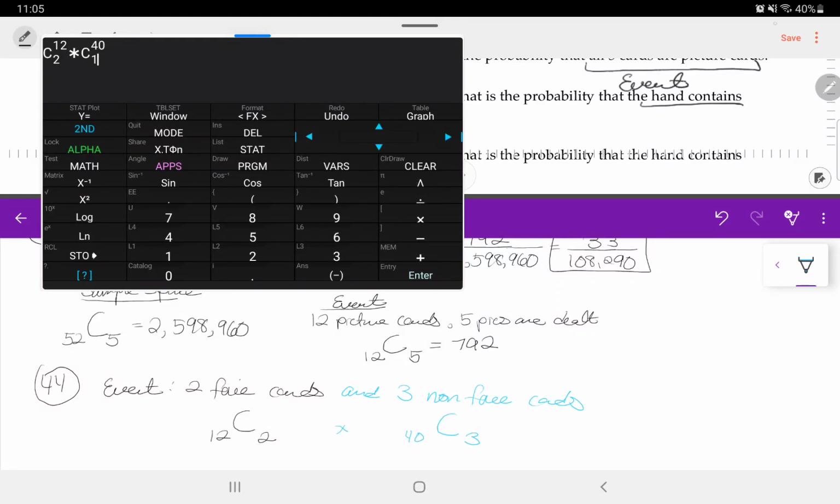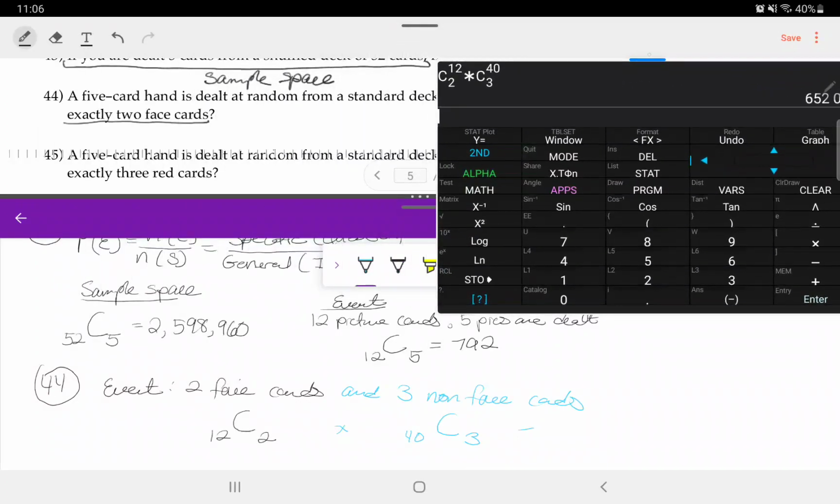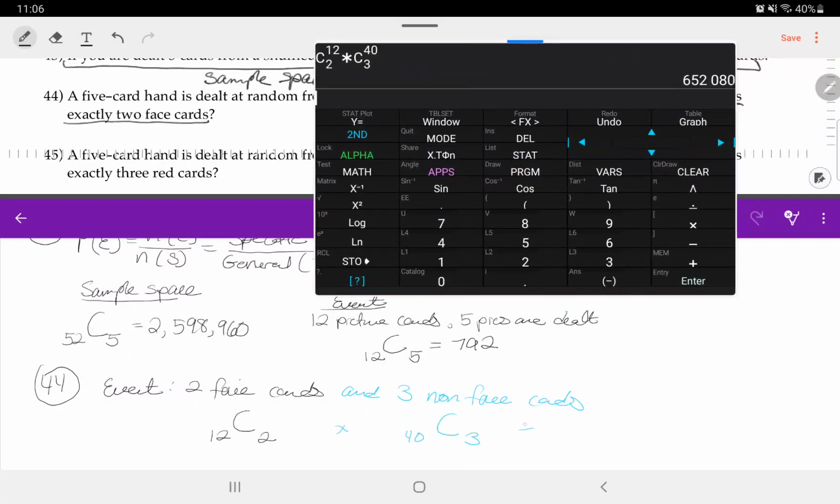Let's clear that. That equals, put that in black actually, 652,080.